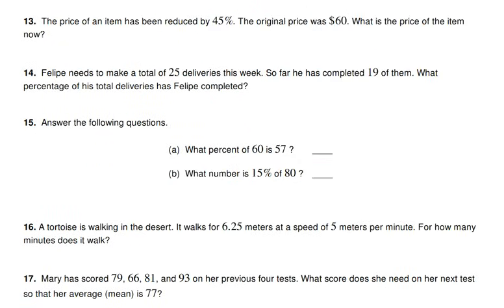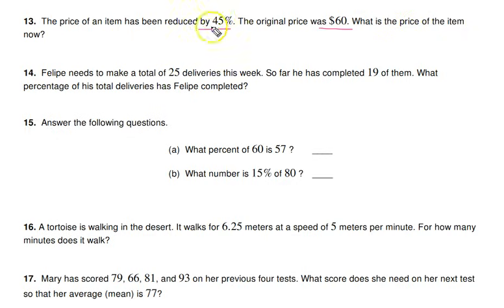Now, in number 13, there's a couple of ways to look at it, but you have to read it first. The price of an item was reduced by 45%. The original price was 60. So what is the price of the item now?